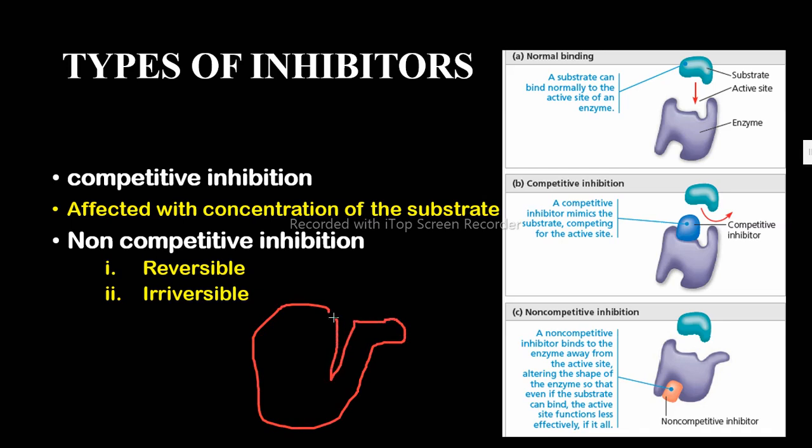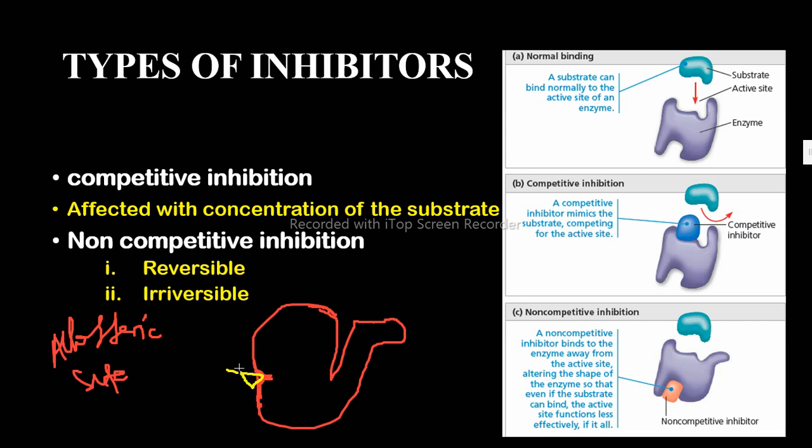So if this is my enzyme and this is my active site, for instance, somewhere on the enzyme you'll have another site, and that site is called an allosteric site. Now the non-competitive inhibitor binds to that allosteric site.